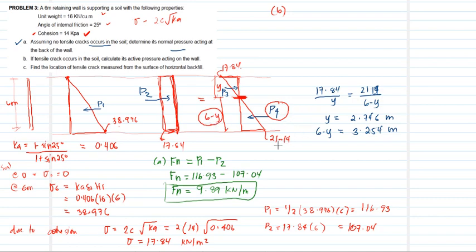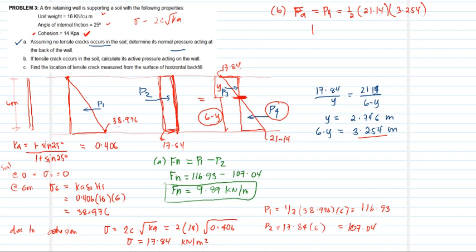Okay? So, for letter B, yung P4 na solve na natin yung dimension ng 6 minus y. Diba? Na-solve na natin ito. Meron na din tayong pressure, that is 21.14. So, masosolve na natin yung P4. So, the active force, if tensile crack occurs, is equal to the value of P4. That is equal to 1/2 yung ating pressure, which is 21.14 multiplied by the height, yung 6 minus y, which is equal to this value, which is 3.254.